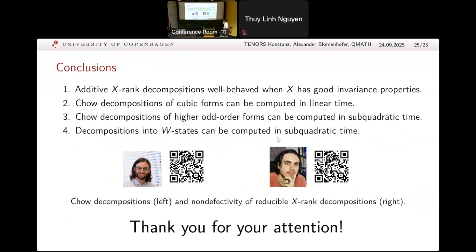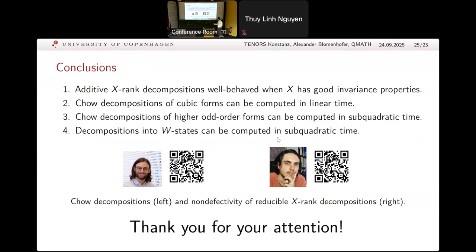So what did we do? What should you take home? Basically, what you should take home is that these additive X-rank decompositions are not as scary as they look. If you have some kind of invariance, then they are often very well behaved. Especially Chow decompositions and skew decompositions, you can actually compute something.